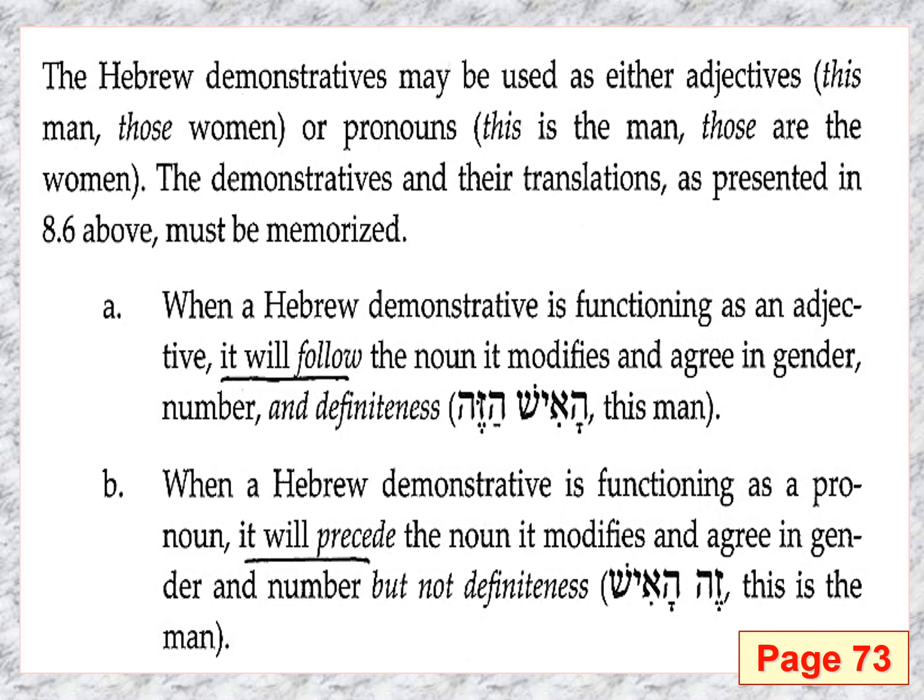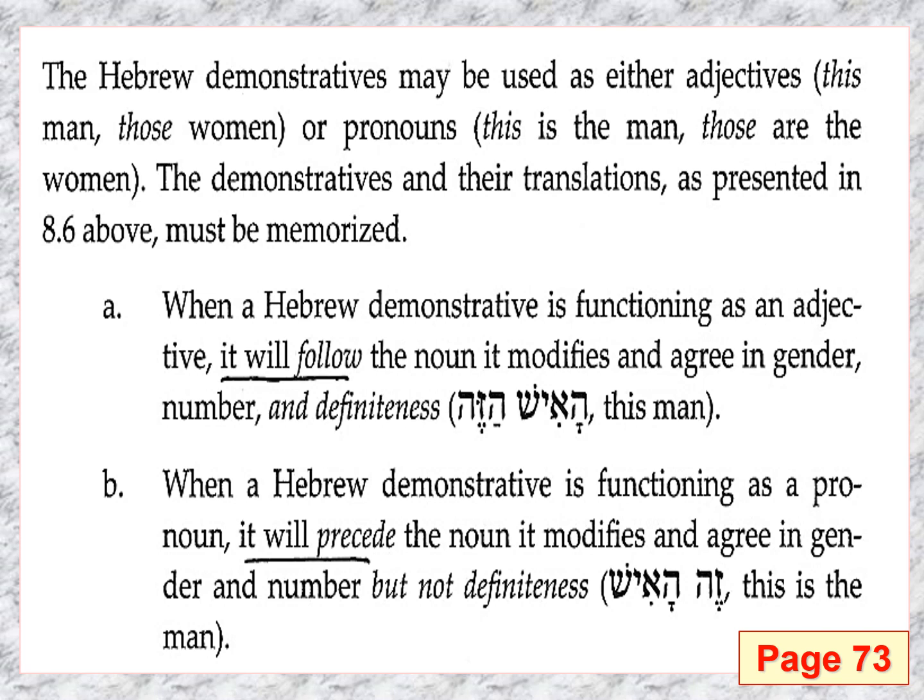You're going to have to basically just be aware of this, and notice here on page 73 the two inserted paragraphs. A: Hebrew demonstratives function like an adjective, and they will follow the noun they modify and agree in grammatical gender, number, and definiteness. So to help you, demonstrative adjectives have similar rules as attributive adjectives.